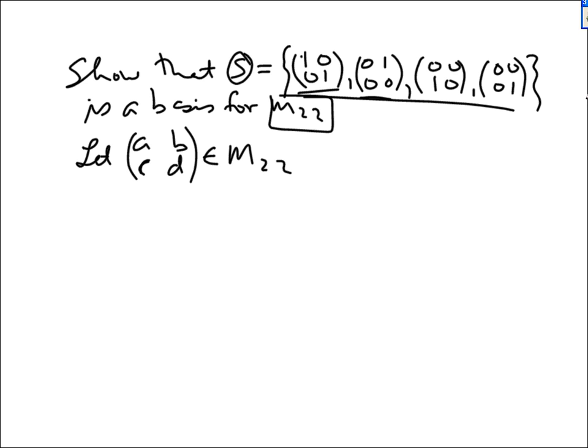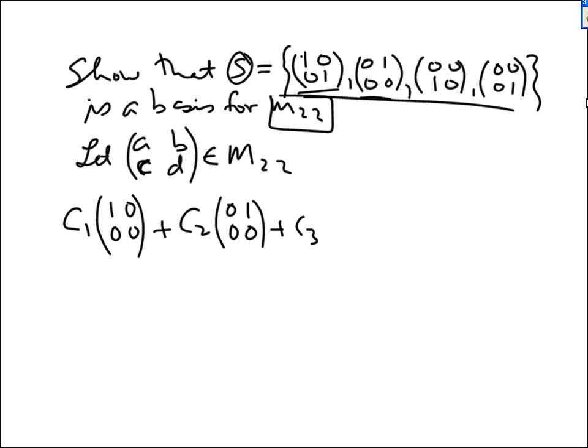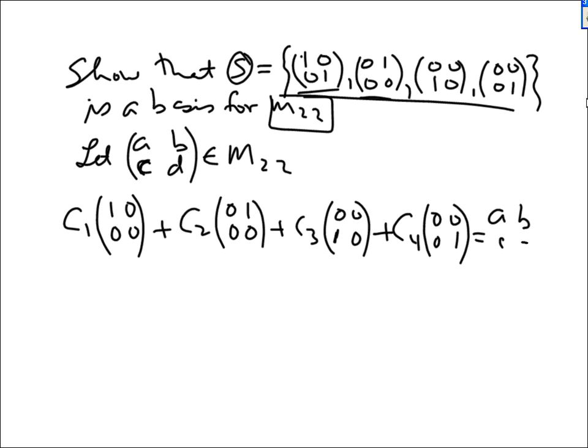So I want to show that a linear combination of the vectors in S can give me A, B, C, D. Okay, so I want C1 times the first matrix in S plus C2 times the next matrix in S plus C3 times the third matrix in S plus C4 times the last matrix in S, and it's supposed to get me this arbitrary matrix.